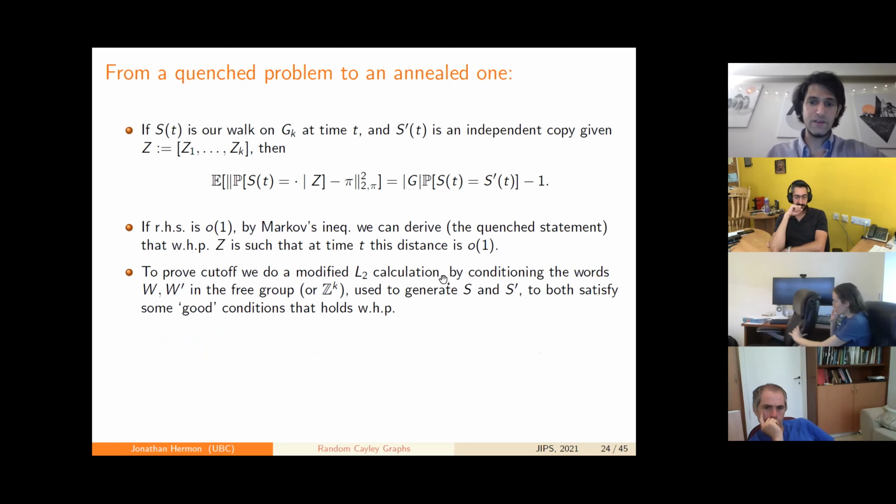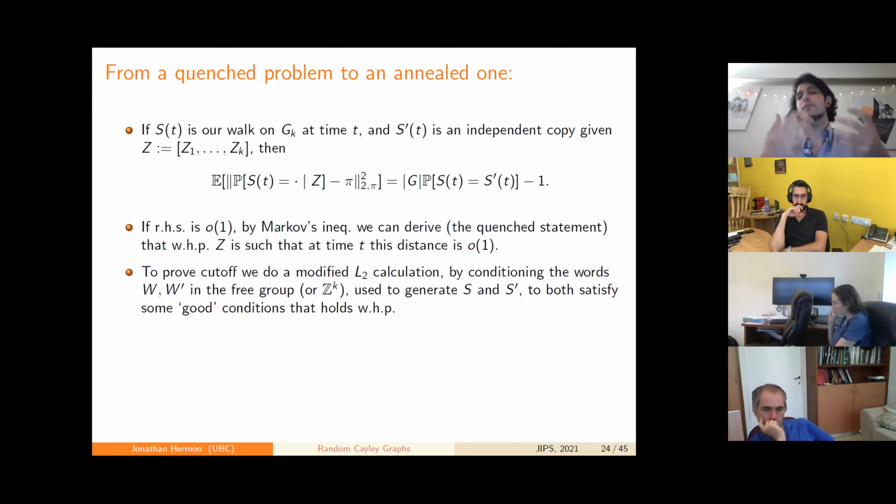Okay, so the modified L2 calculation will involve conditioning on W and W prime, which are, in the abelian case, just how many times each generator was picked for S and how many times each generator was picked for S prime, with cancellations, to both behave typically, so to satisfy some good conditions that hold with high probability anyway.